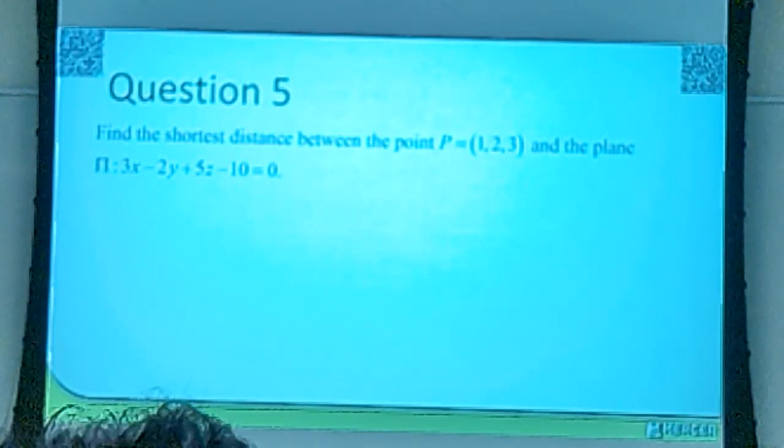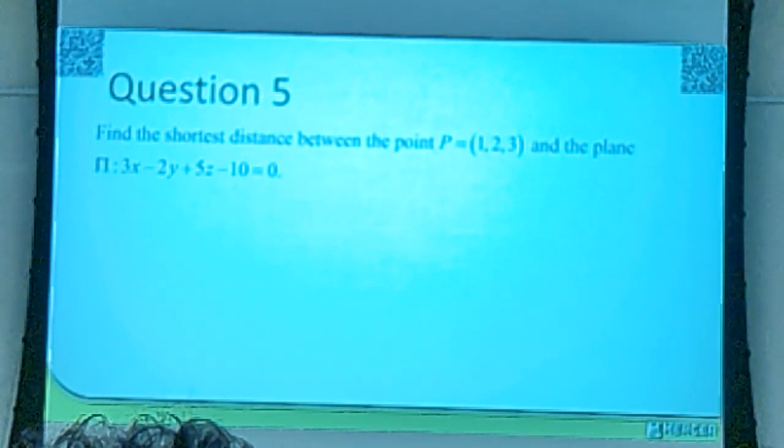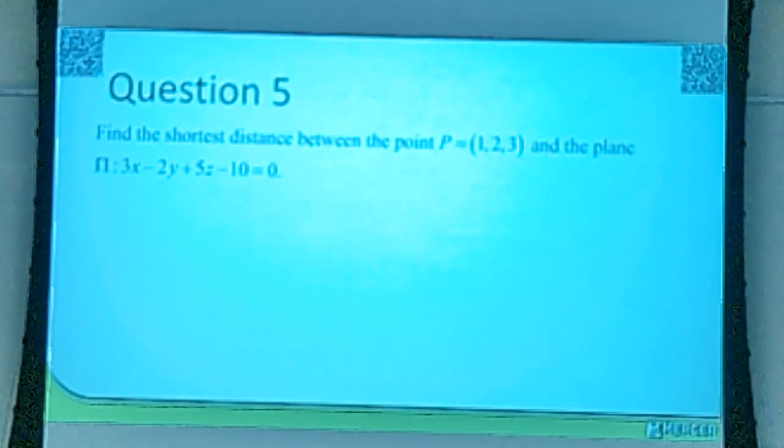Shortest distance, which is by definition the distance from the point P to the plane 3x minus 2y plus 5z minus 10 equals 0. Except I don't want P naught here, I'm going to use P because that's what they gave us.